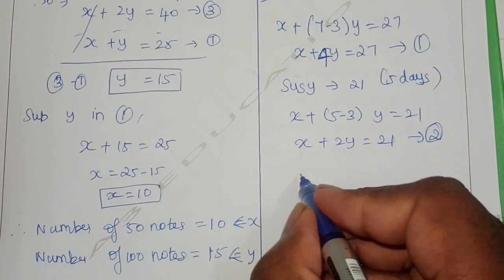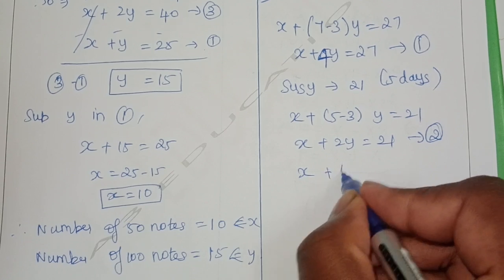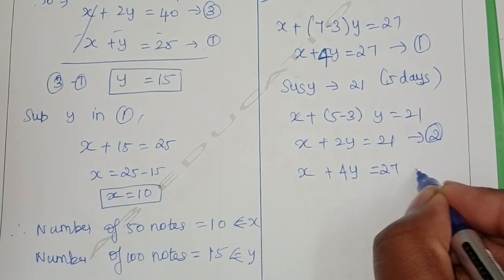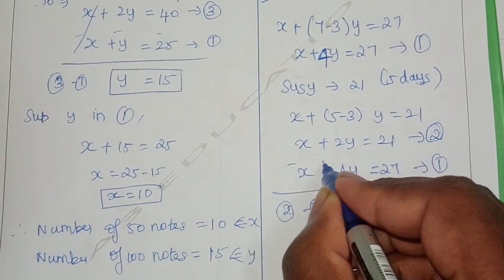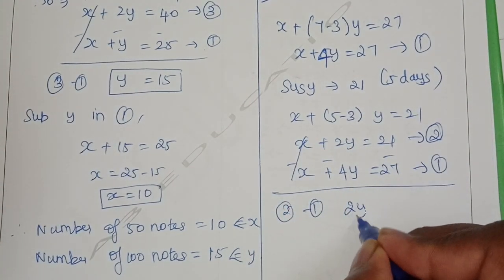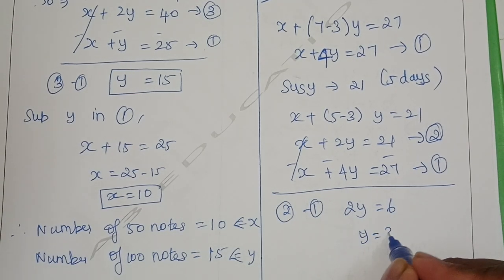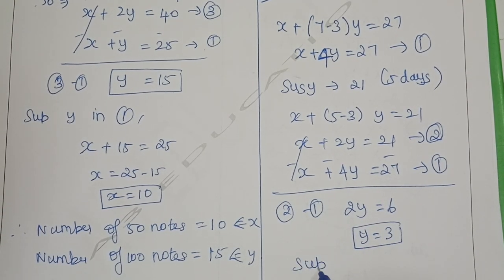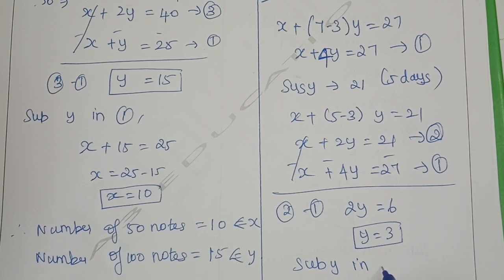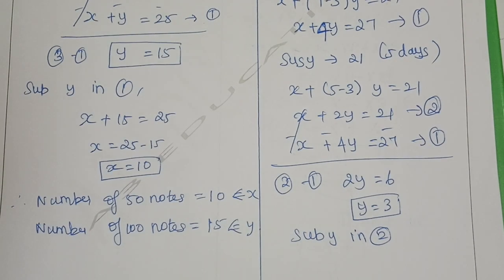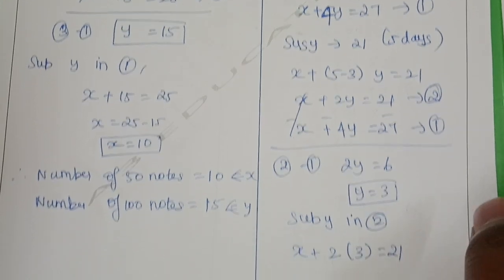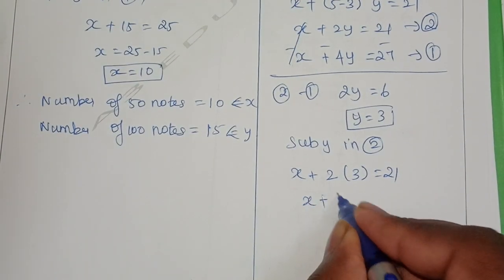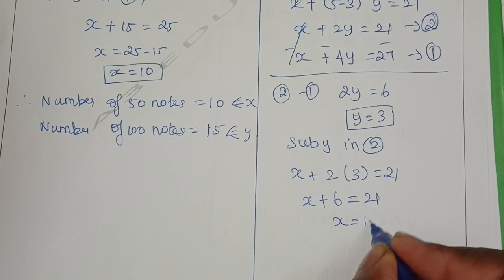Using the elimination method, we are going to solve. Try to mention the elimination method in the paper. Therefore, 1 minus 2, the x terms cancel, 2y equal to 6. y equal to 3. Substitute y in equation number 2. We have x plus 2 into 3 equal to 21, which is x plus 6 equal to 21, therefore x is equal to 15.